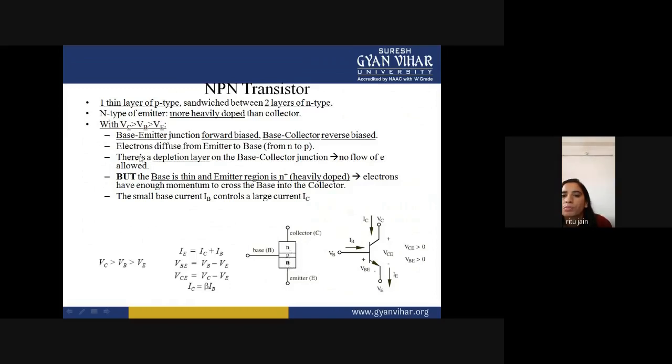So there is a depletion layer at the base collector junction. No flow of electrons is allowed; there will be a depletion region through which no current can flow from base to collector. But the base is thin and the emitter region is N positive, heavily doped. Electrons have enough momentum to cross the base into the collector.